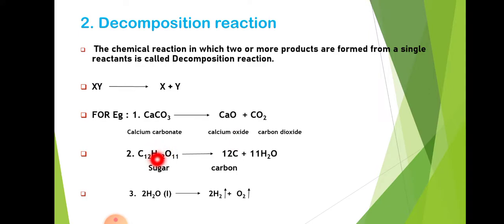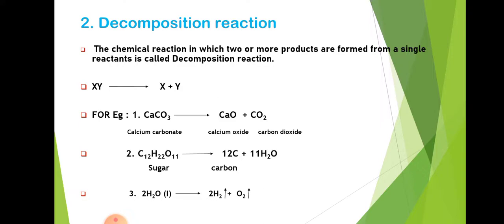So one reactant is used over here to form 2 or more products. In the last reaction also, water we will decompose, that means break up, to form H2 and O2.